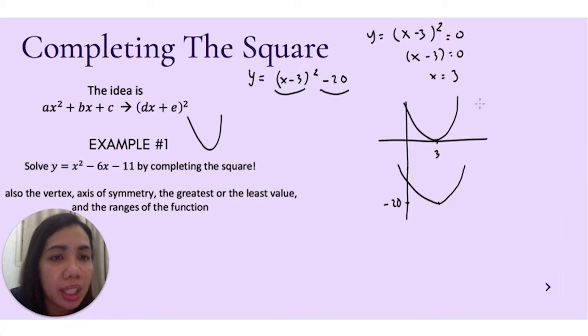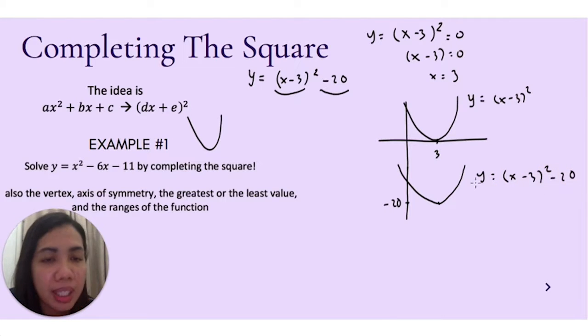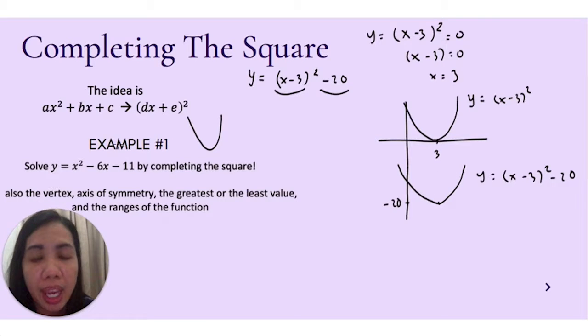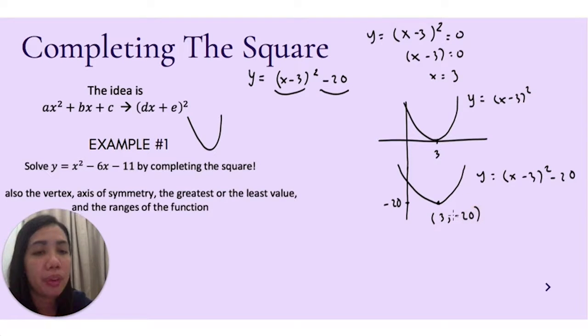Okay, now here we have y equals x minus 3 squared until that, but here we have x minus 3 squared minus 20. So this is the parabola that we have from this quadratic equation. Okay, the coordinate of the vertex here is 3, minus 20. So this is the coordinate of the vertex.